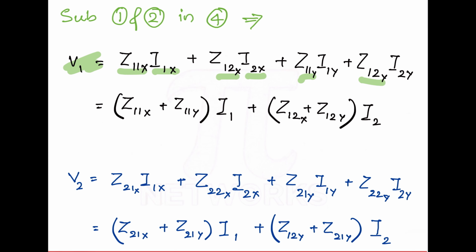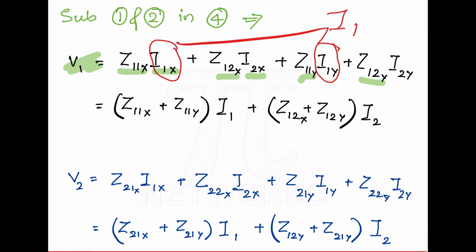What did our third equation state? I1X and I1Y are equal to I1. Replacing that with I1, we can write the expression as Z11X plus Z11Y into I1. Similarly, I2X and I2Y are equal and represented using I2, so grouping gives Z12X plus Z12Y into I2.